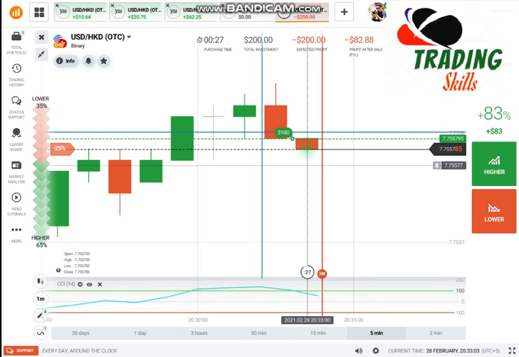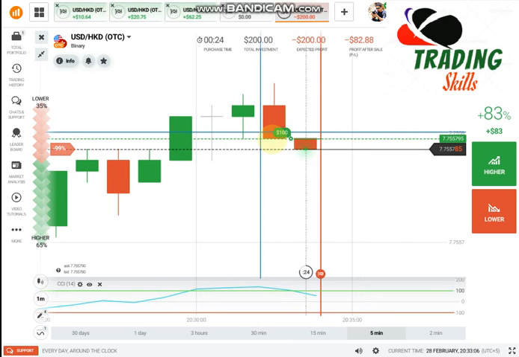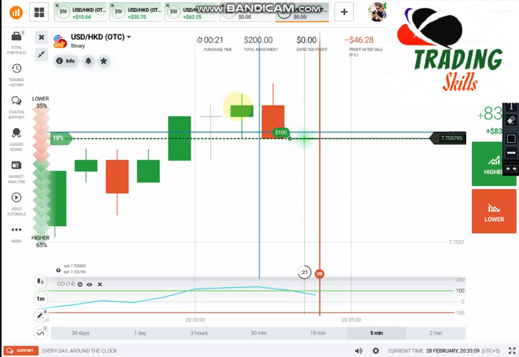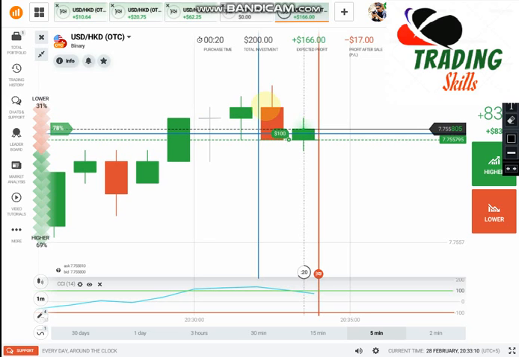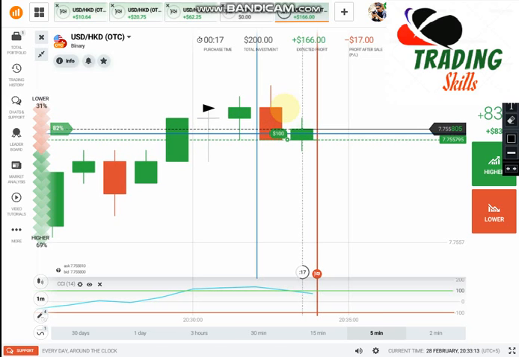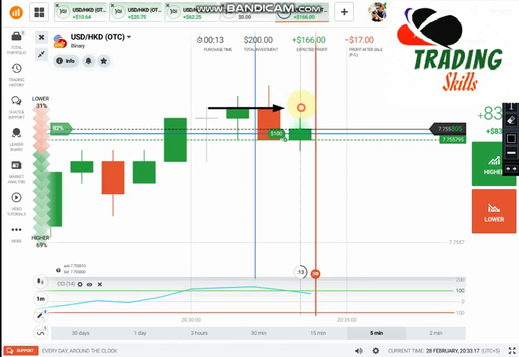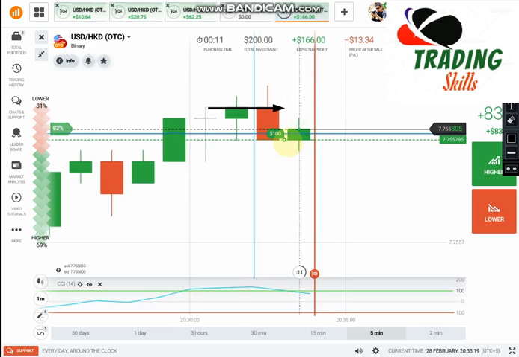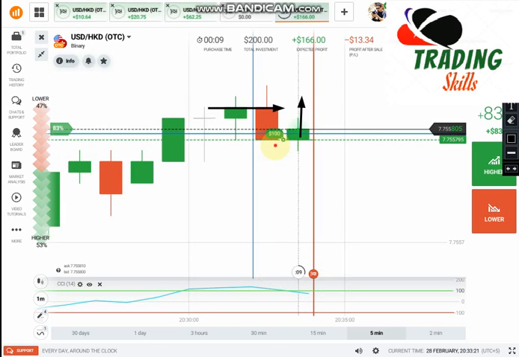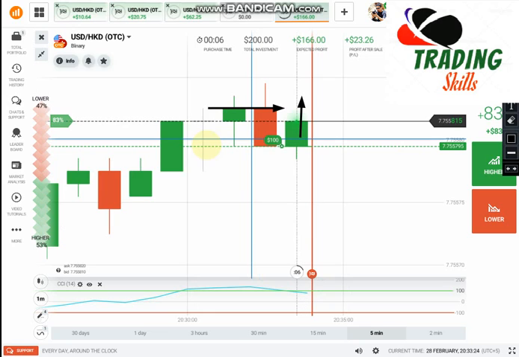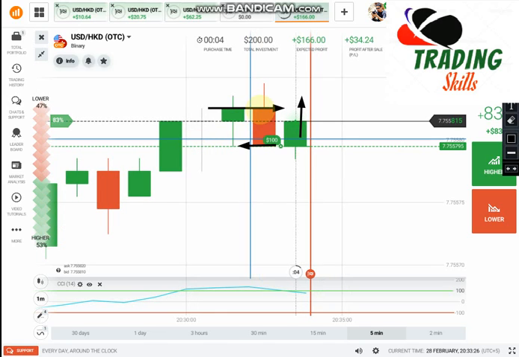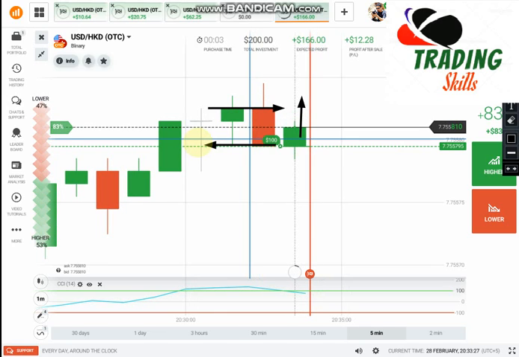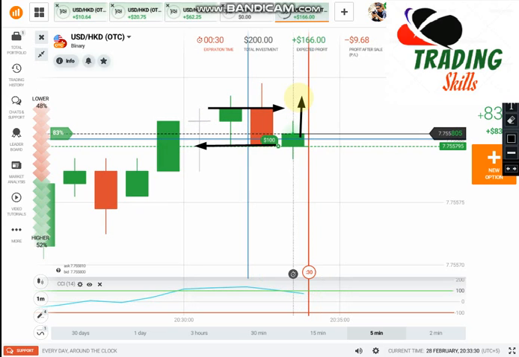Okay, so now you can see here I lost my trade. Why? Because this was the point where I lost my trade, and now I will definitely win my next trade. Why? Because you can see the candle closed exactly here near the buyer's area, so therefore the market movement is like this. Now it will go up from this point.